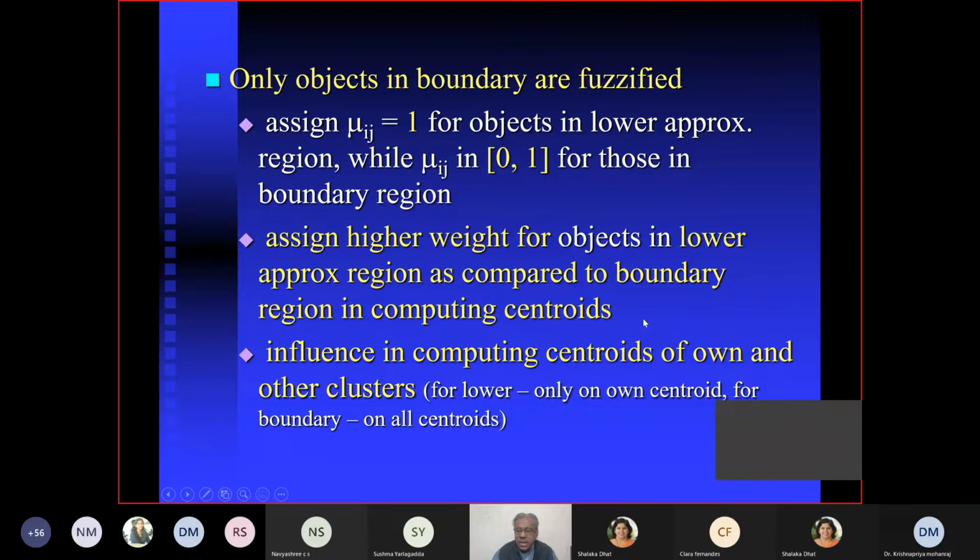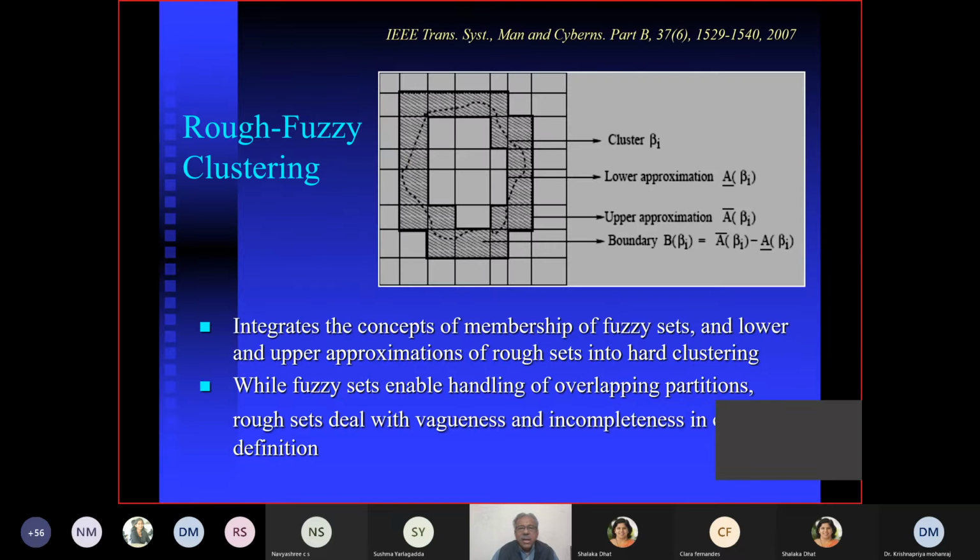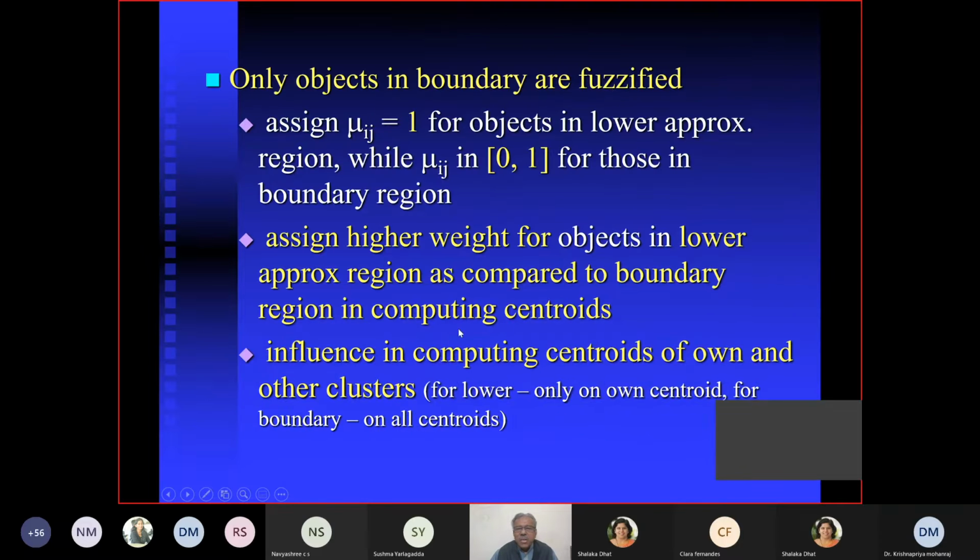Obviously, when you compute the centroid of this class, we get maximum membership value for the lower approximation, but since we have a weight, the boundary gets less weight for its contribution to this computation. When you compute the centroid of other classes, the lower approximation has no impact there, only the boundaries plus their own centroid. So what is the influence in computing the centroid of own and other clusters?